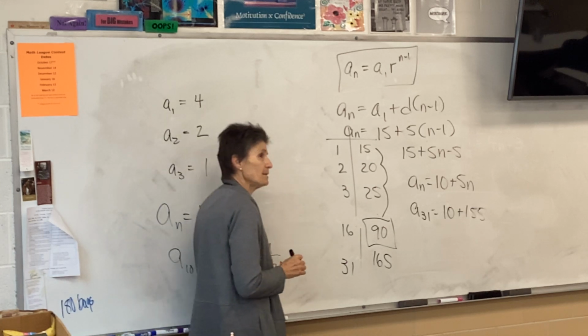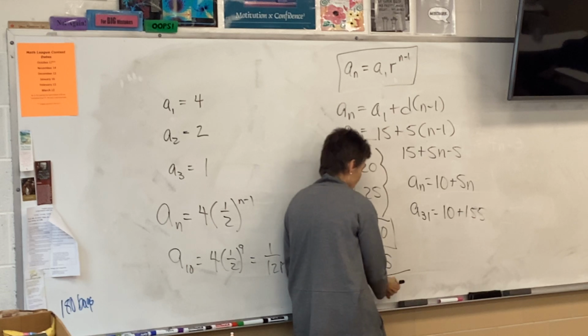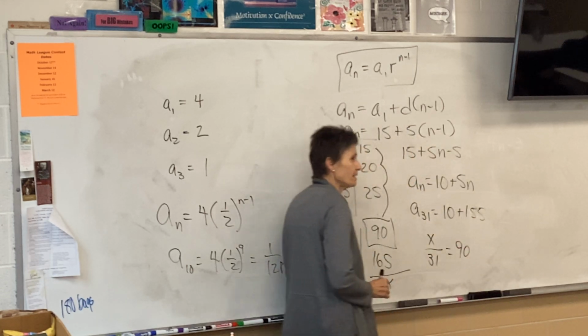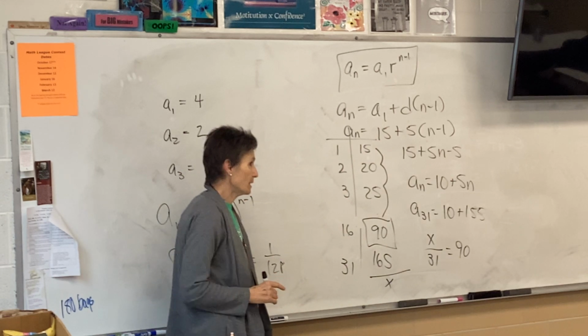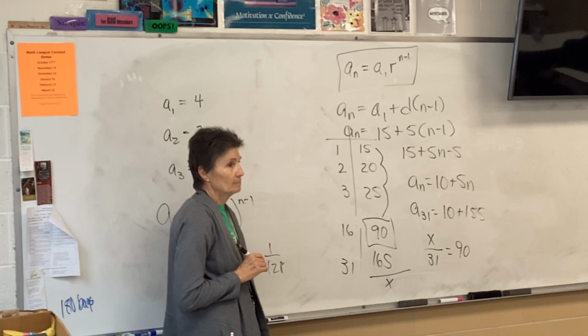Wait, didn't you just tell me that if I added all these up and divided by 31, I'd get 90? Did say that. Isn't that what you just got done telling me? So what would they have to be all added up? 90 times 31?